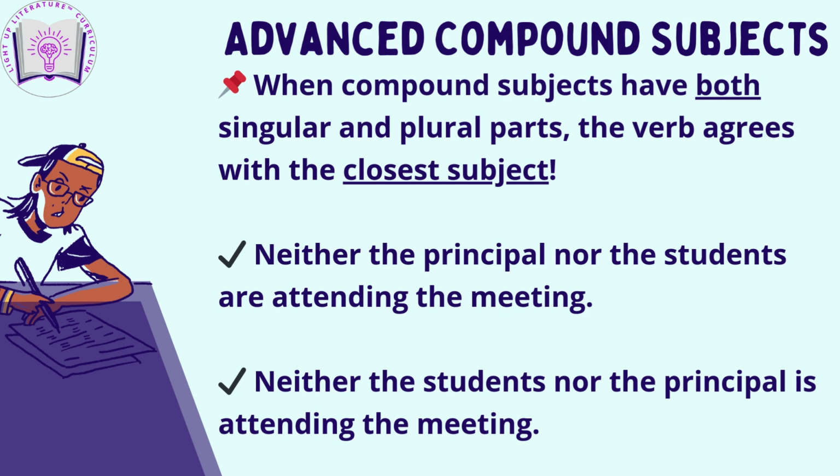So that's why we have are as plural. Now, if we switch it up, neither the students nor the principal is attending the meeting. You see we've got principal right there, and that is singular. That is why we're going to use is, the singular verb form.